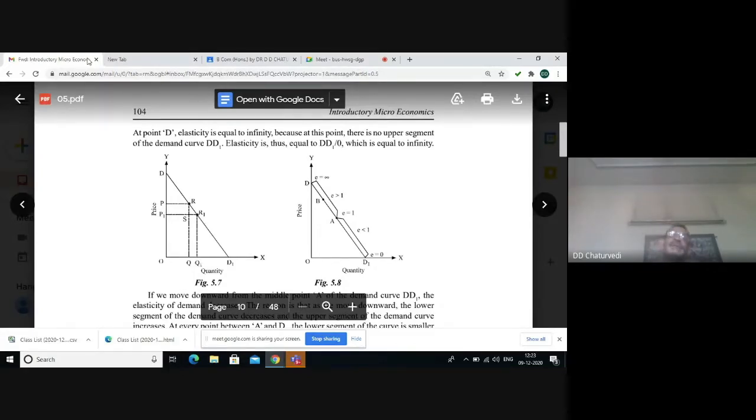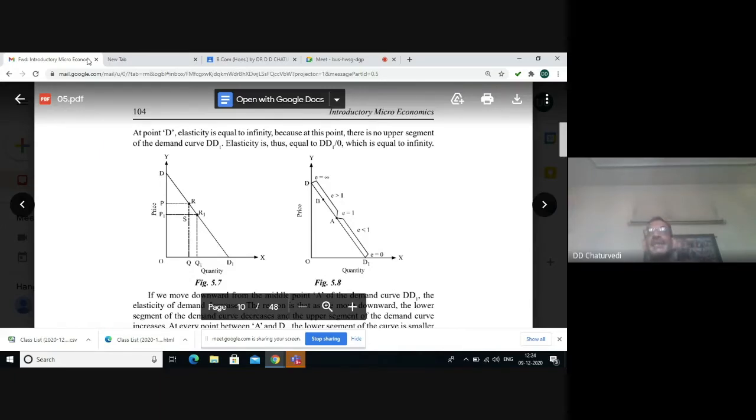And with the given finite slope of this linear demand curve, elasticity of demand will be equal to infinity because elasticity is given by 1 upon slope multiplied by price quantity ratio. Since the price quantity ratio is infinity at point D, the elasticity of demand at point D is also infinity.